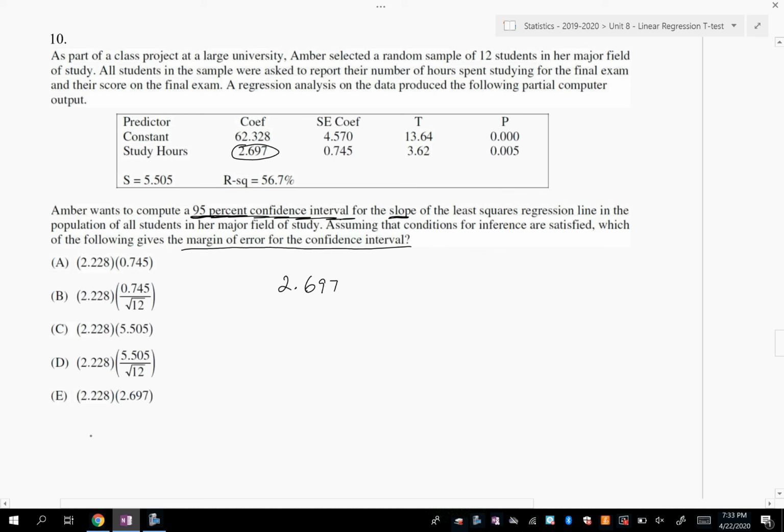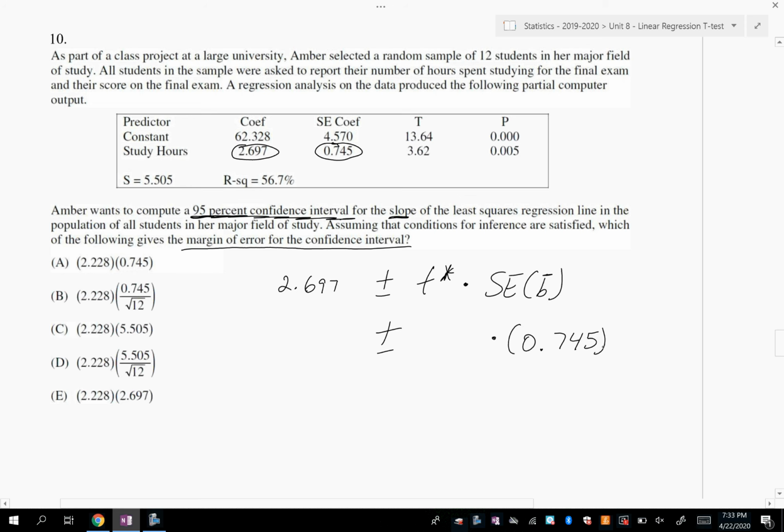None of these answer choices even talk about the statistic, so I don't really need the 2.697. I need the margin of error, which is T star times the standard error of our statistic. In this case, I don't know T star, but I do know standard error. It's right next to our statistic, 0.745.